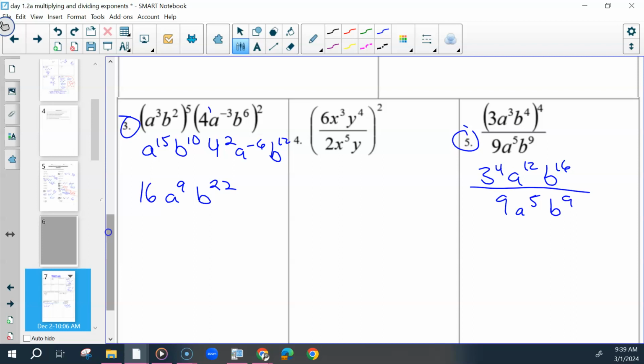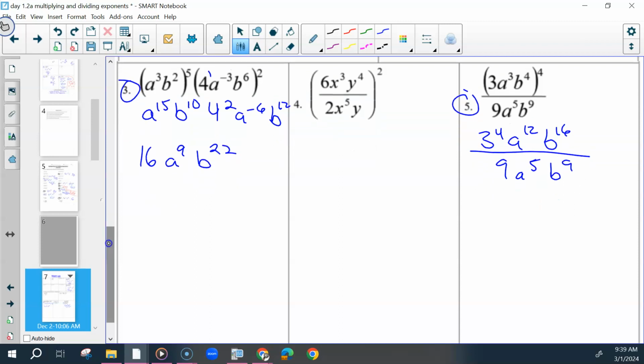And then because we're dividing like bases, we're going to do what with the exponents? Subtract. Also, because we have a base of 3 in our numerator, and we know 9 is the same as 3 squared, if you wanted to change 9 to 3 squared and subtract the exponents there, you could. Or you could figure out what 3 to the 4th is and divide it by 9. Either way, it doesn't matter.